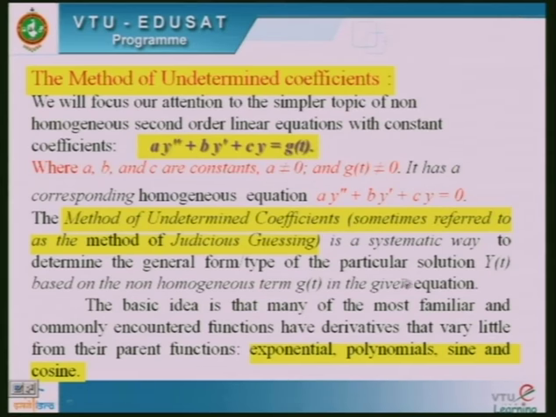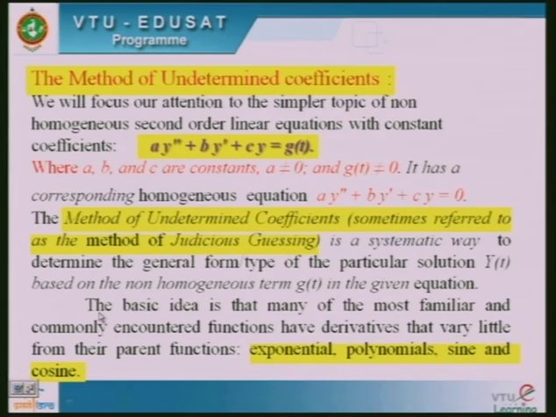As I have mentioned, our assumed solution may contain arbitrary constants. I will substitute in this equation, and after simplification I can obtain the arbitrary constants. Then finally I will substitute in the assumed solution.